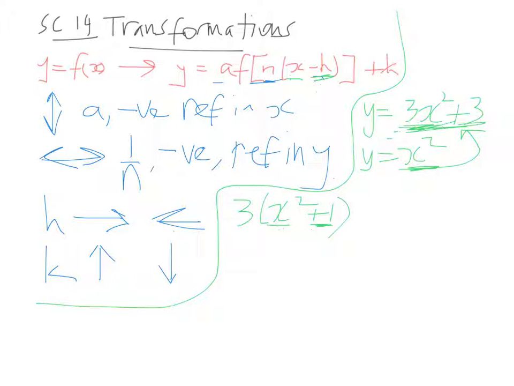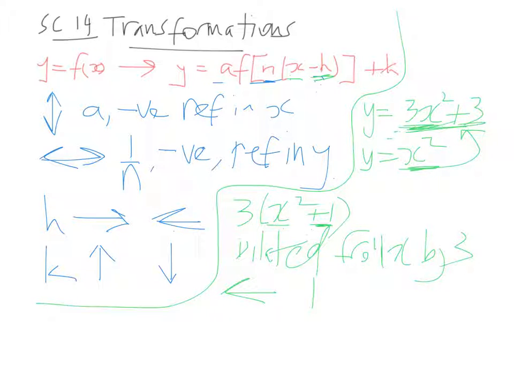So what ends up happening is that it's been dilated from x by 3, and it's been translated left by 1. We can see that because we've got the 3, that's dilation from x by a factor of 3, and then it's been translated 1 to the left, it's positive, and it's left.